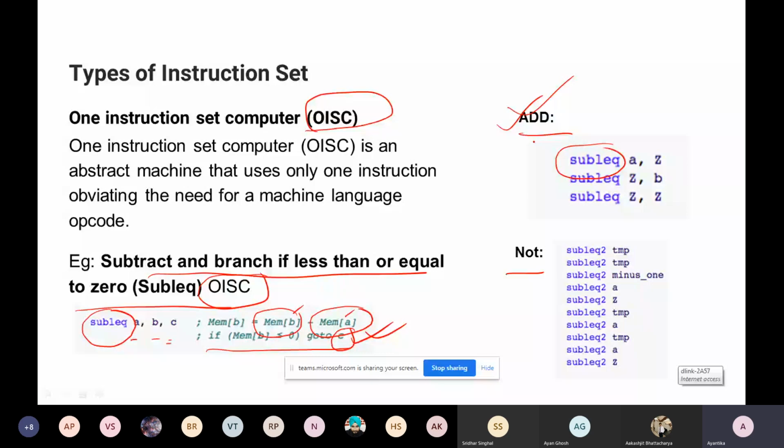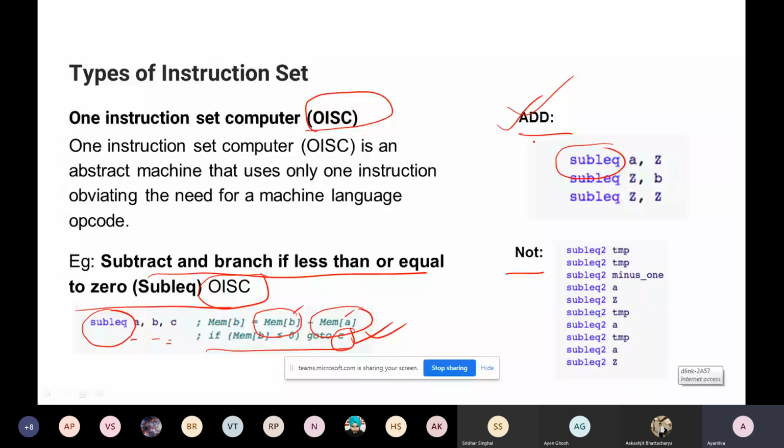Okay, so this is the basic idea of one instruction set computing. Now I think we have some idea that when we are talking about instruction set or instruction set architecture, it is not that we have just one type or two types, like CISC and RISC. We have many typical architectures, many typical processors.